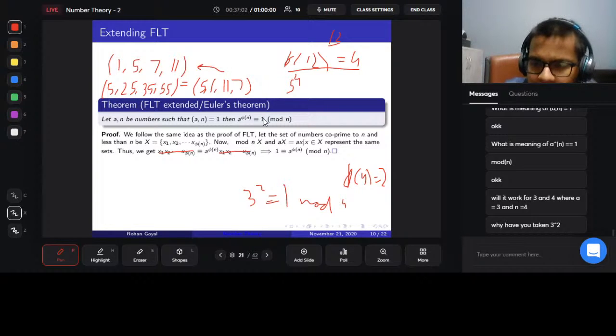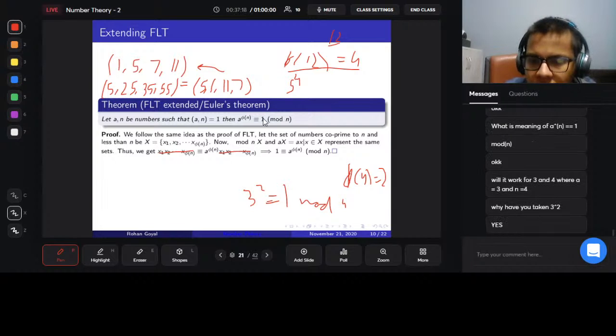You told me n is 4. Phi of 4 is 2. So a is 3, so 3 squared is congruent to 1 mod 4. That's all you're saying, right? So what's the issue?